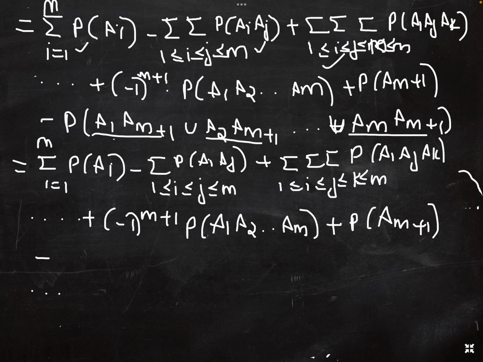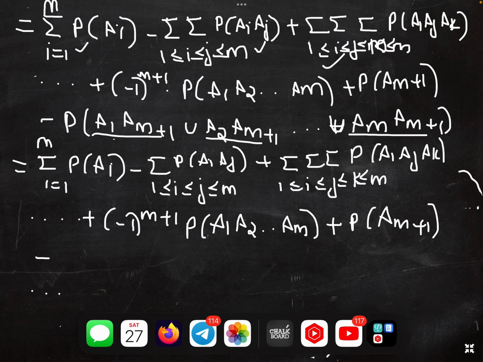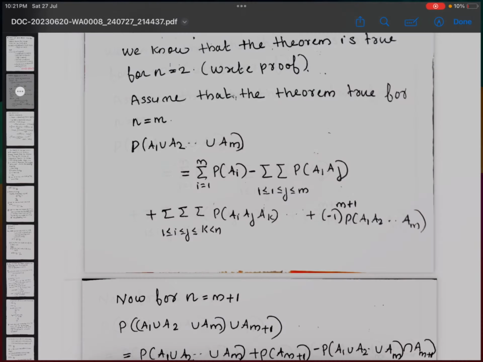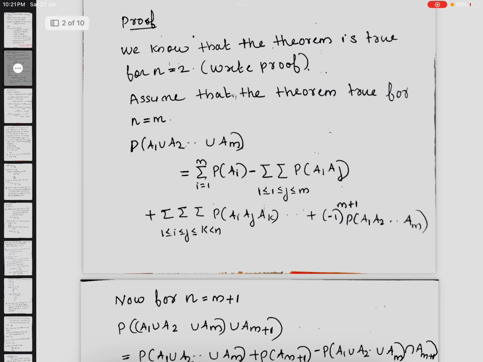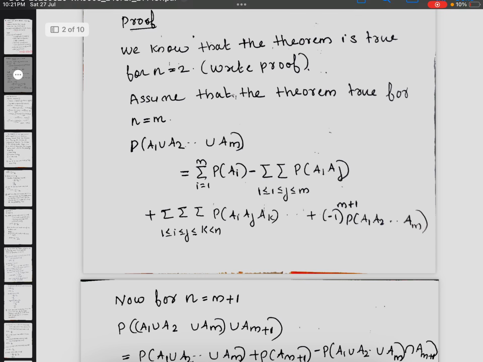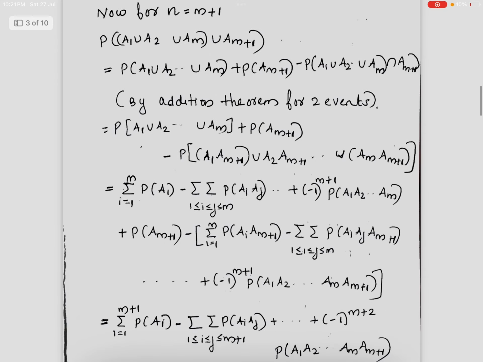That is P of A1 union A2 union etc. union A m.